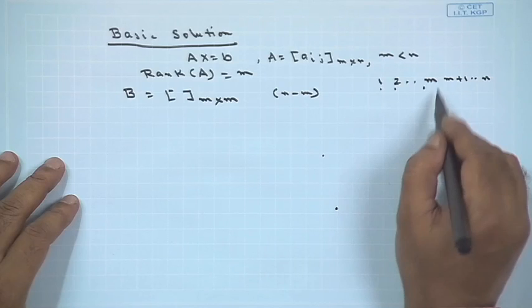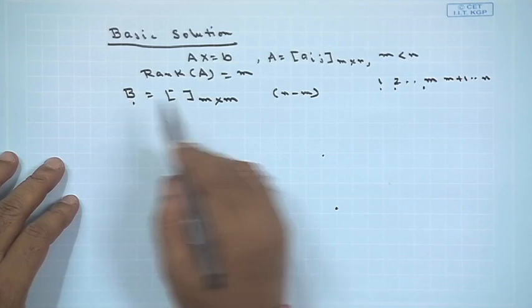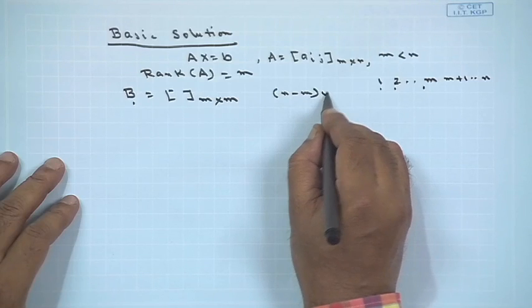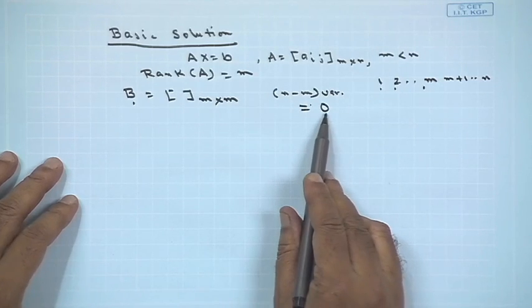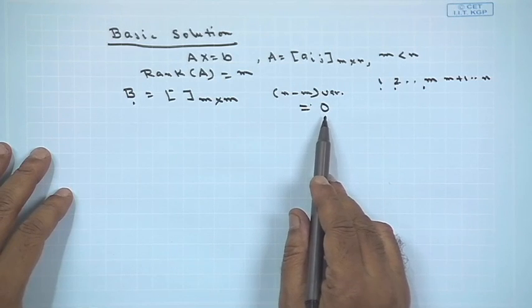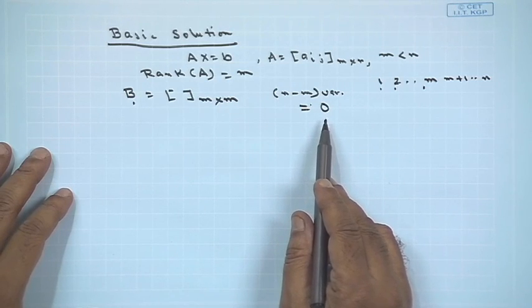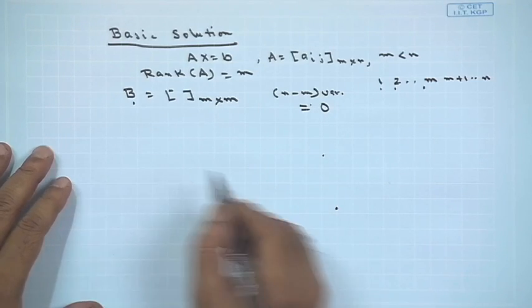These are the linearly independent column vectors. From that I have formed the matrix B, and the remaining n minus m variables, if I make them equal to 0, which I have shown earlier, then the solution obtained is known as basic solution. In the last class, I think we have given one example also. So, you can go through that part also.